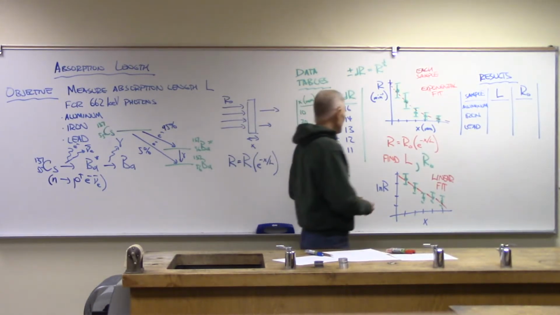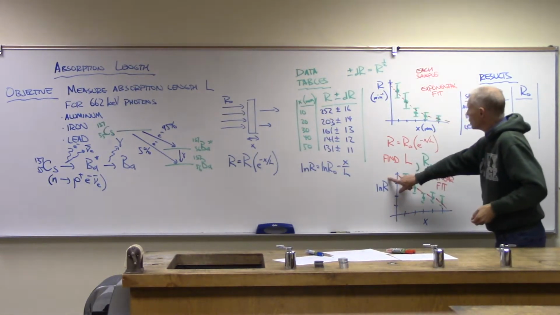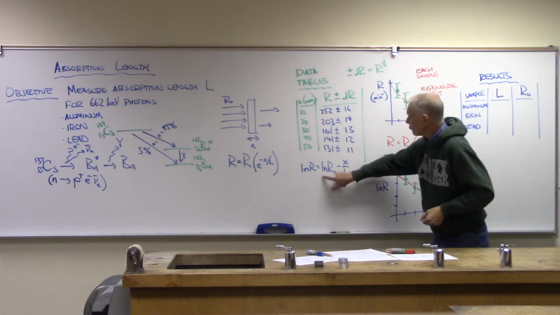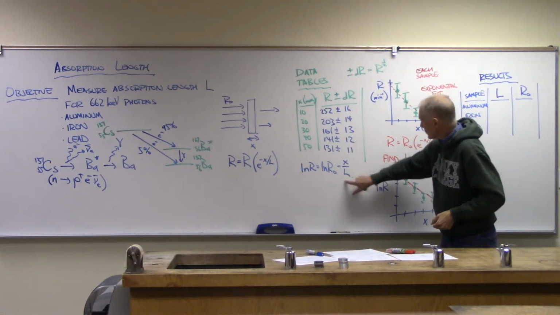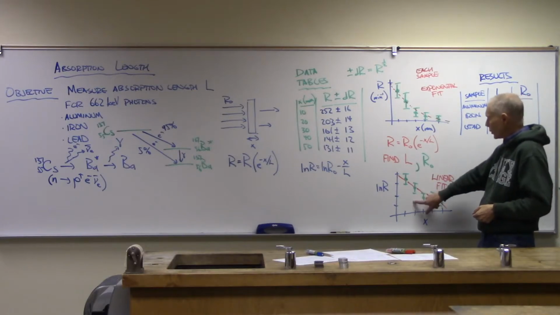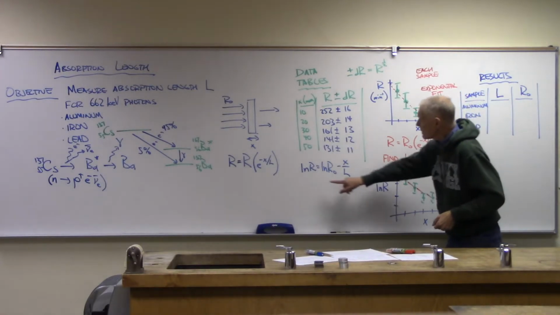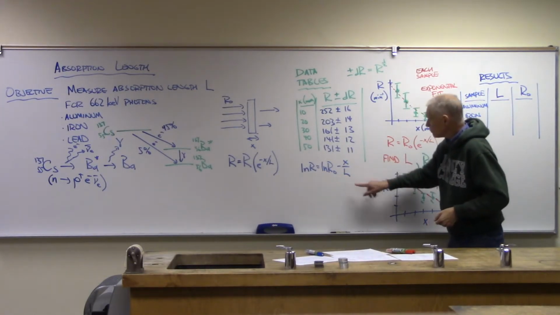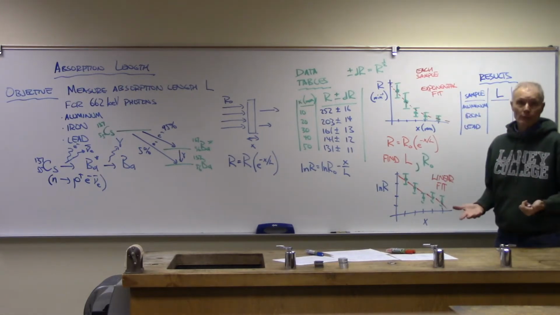Now, if you're doing this with the logarithm approach, you're working from this formula. This formula right here corresponds to the graph that we have here, and in this case the formula we get is linear.